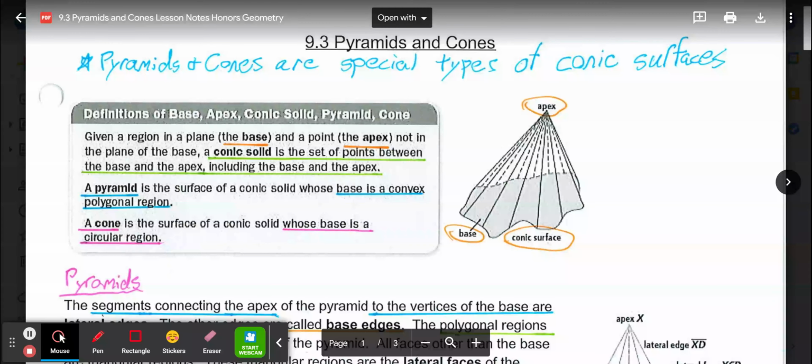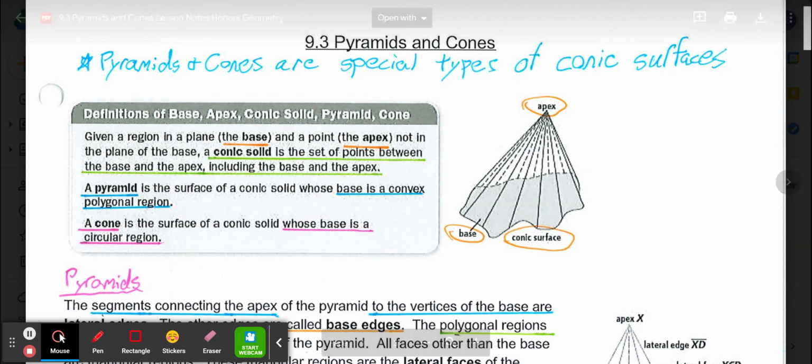The conic solid is the set of points between that base and the apex, and that includes the base and the apex. If we're just looking at the boundary, so not all the points on the inside, that's what we would call a conic or conic surface.